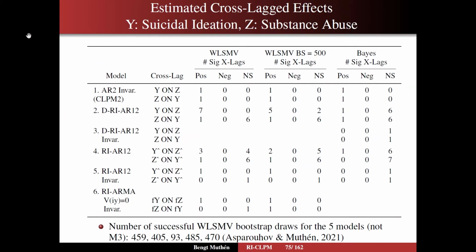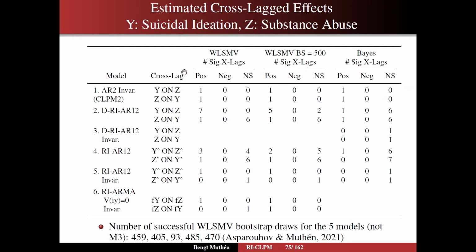So if you then summarize this and look at the estimated cross-lagged effects, suicidal ideation and substance abuse show differing patterns of cross-lagged effects depending on the model and how you estimate.